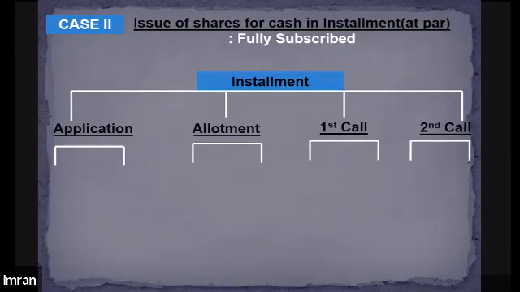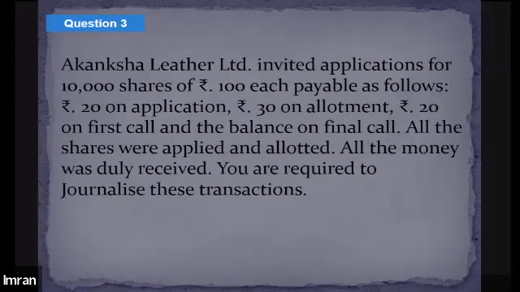And similar journal entries will be done in other cases. All right, so since we already understood case 2, let's do a question based on this concept. So we'll start our session with question number 3 today. We'll first of all talk about question number 3, and then we will move to the other questions. So I want all of you to read the question once.